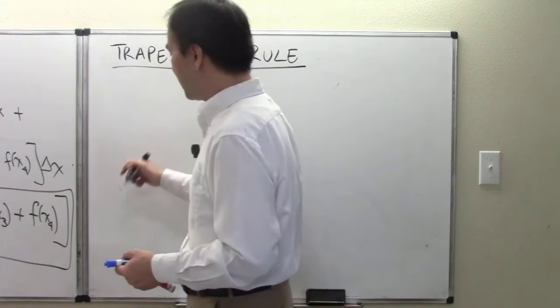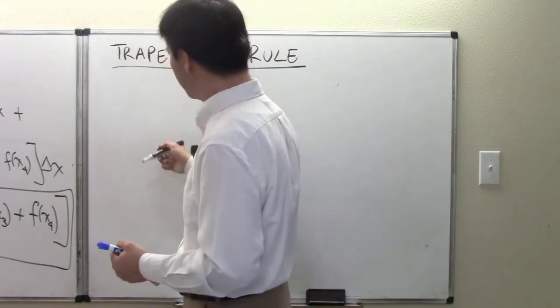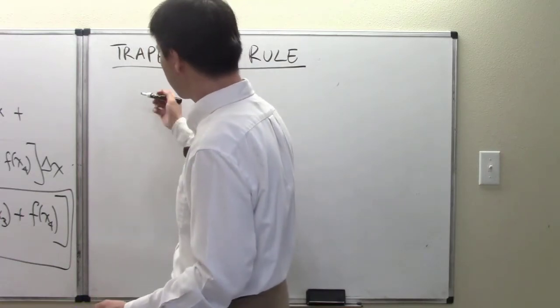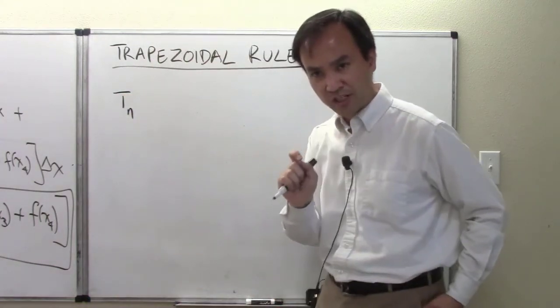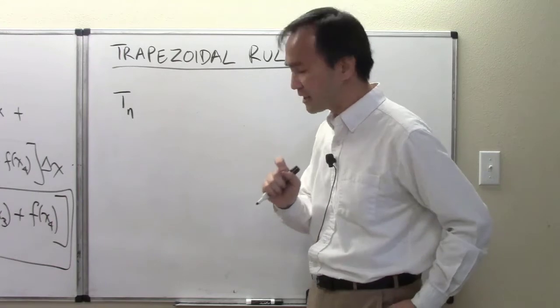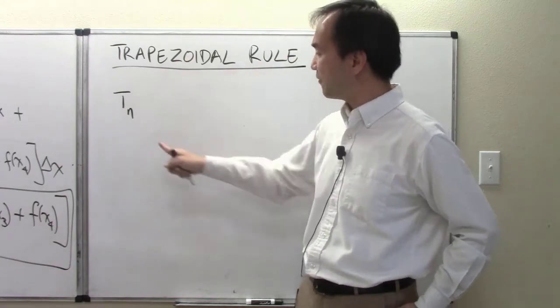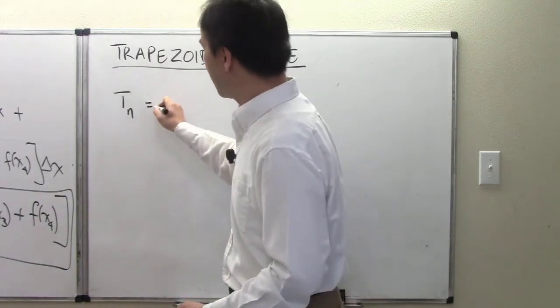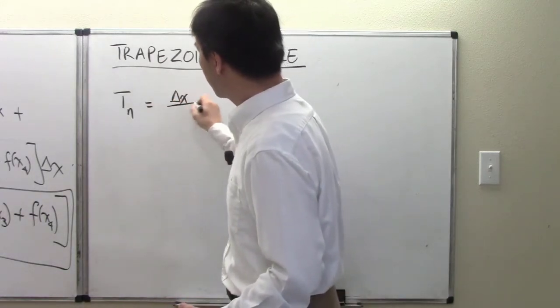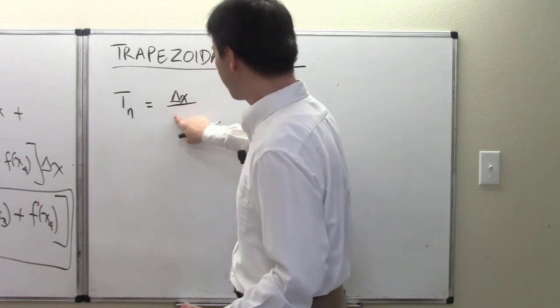Concluding from that earlier formula, T sub n right here means the trapezoidal rule for using generally any n number of subintervals. Then we can always have that delta x over 2 in front.